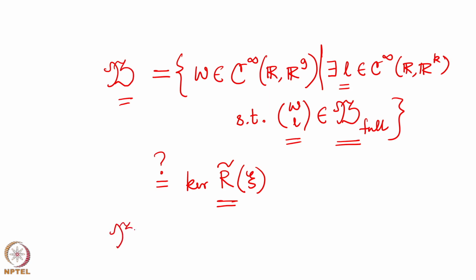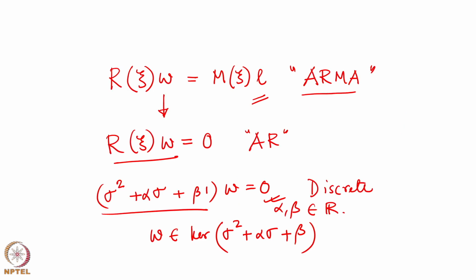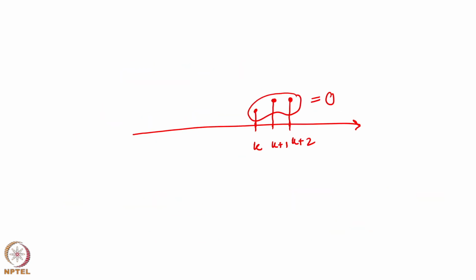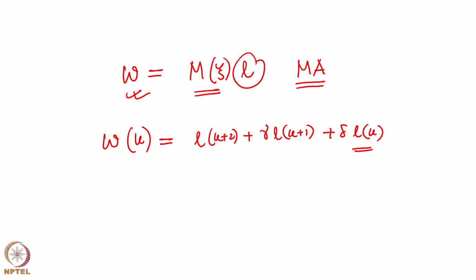In more sophisticated language, B is in fact the projection of the full behavior to the w part. The question is: is this projection a behavior, and is it given by a kernel representation? If it is, how do we obtain that kernel representation? That is the question we are asking.